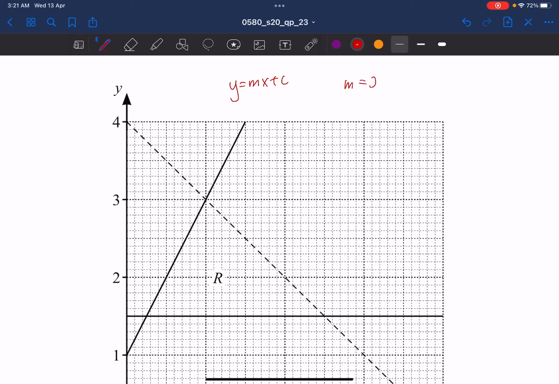Let's say m equals 2. This means whenever x increases by 1 unit, y will increase by 2 units. For example, if m equals -3, that means when x increases by 1 unit, y will decrease by 3 units because of the negative sign.